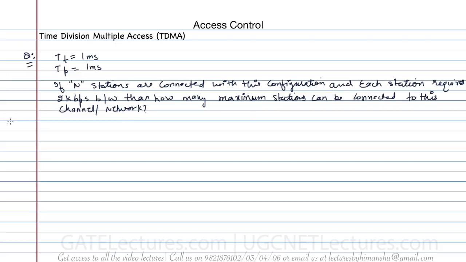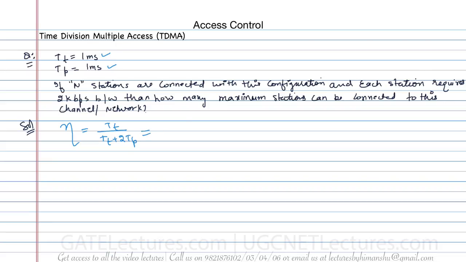Okay, so let us try to solve this. Here they are giving the transmission time is 1 millisecond and the propagation time is also 1 millisecond. First of all, let us find what efficiency we can get. So efficiency will be TT upon TT plus 2 into TP.